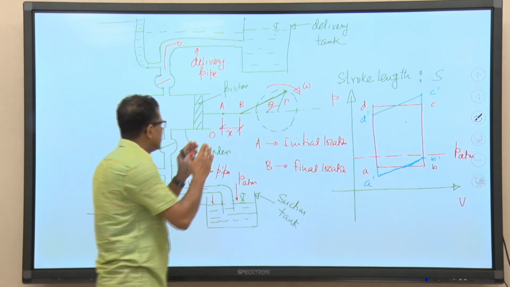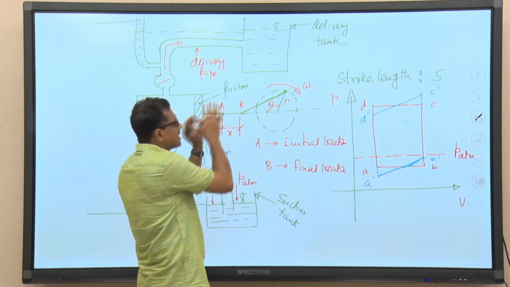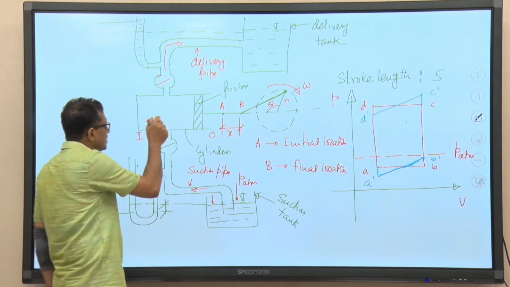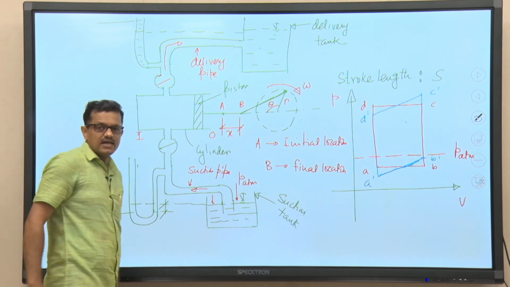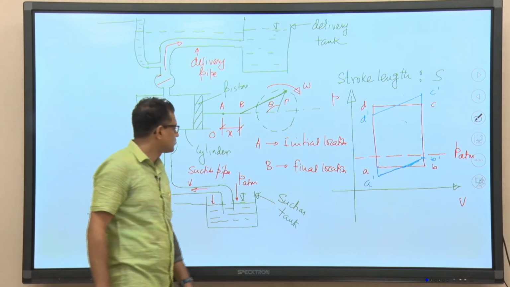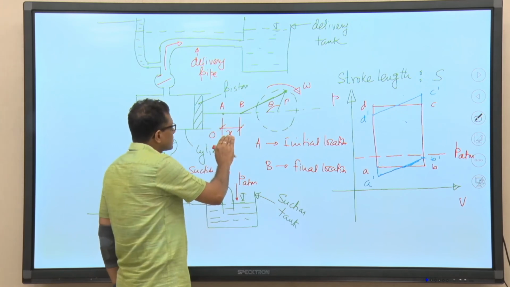Say the movement is instantaneous. Initially the piston is at A, we are talking about the suction stroke, when the piston is at the inner end of the cylinder and about to start its journey. This is the initial location and the piston has traversed x.